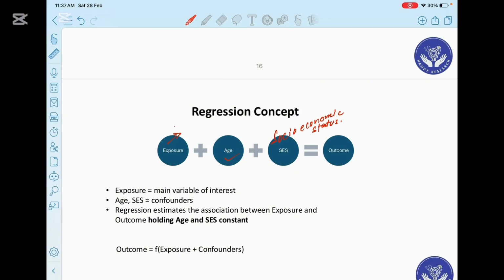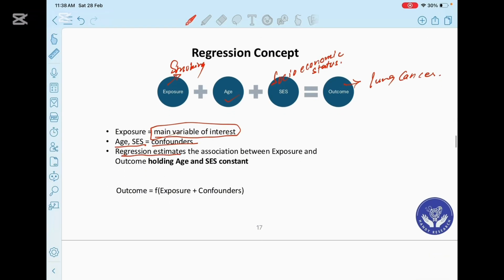Exposure is smoking, and the outcome is lung cancer. The exposure is the main variable of interest. Age and socioeconomic status are the confounders, and the regression estimates the association between exposure and outcome holding age and socioeconomic status constant.